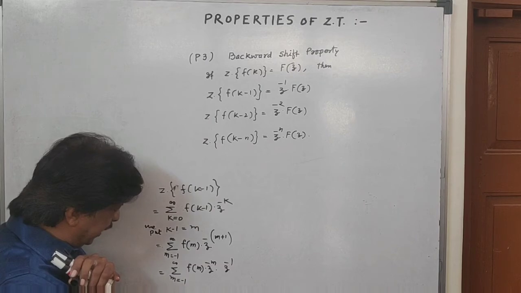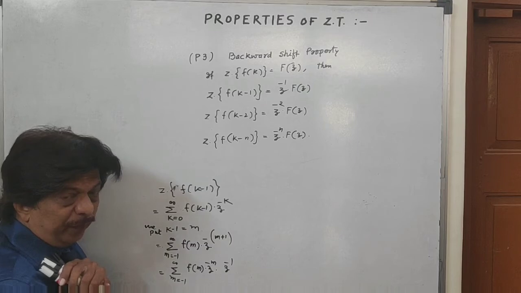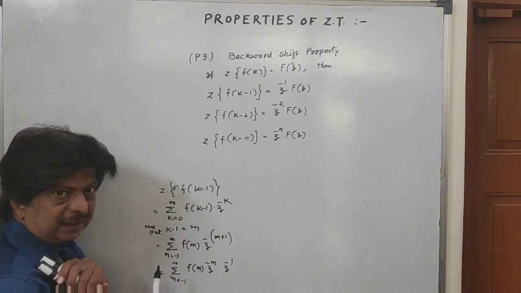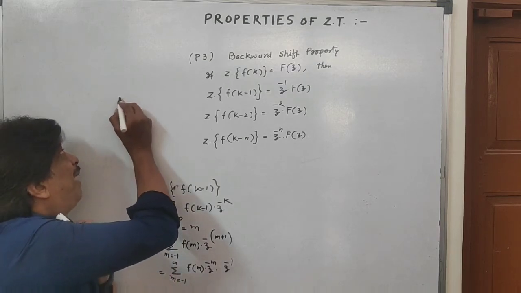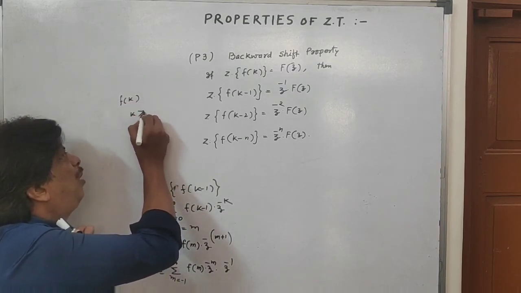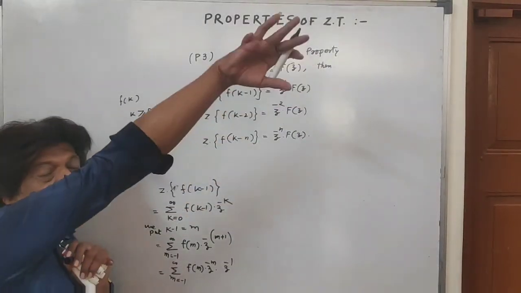That is further equal to z raised to power minus 1. Here the summation starts from m equal to negative. For all such negative indices, the terms are 0 because the sequence f of k is defined for all non-negative k. It always starts from k equal to 0.